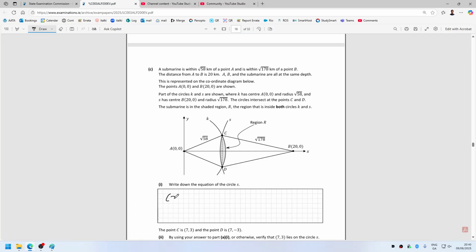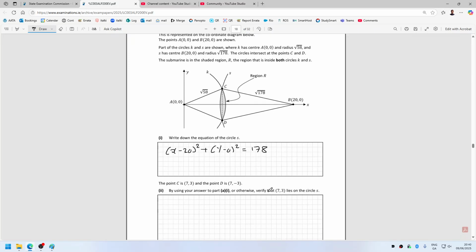So that would be x minus 20 squared plus y minus 0 squared equals 178. The point C is 7, 3. And the point D is 7, minus 3.